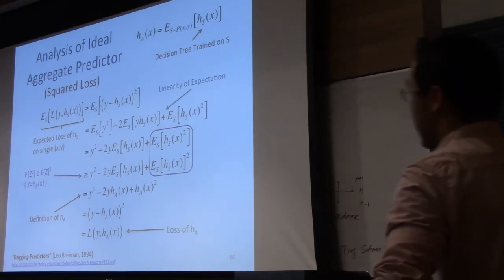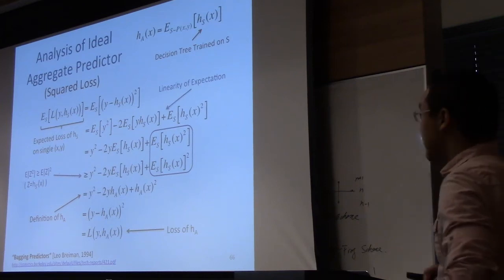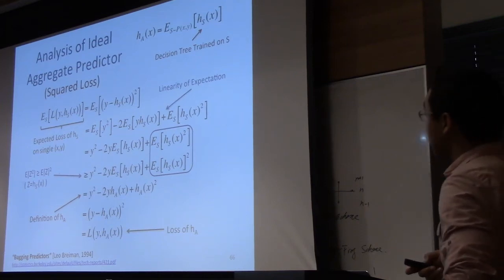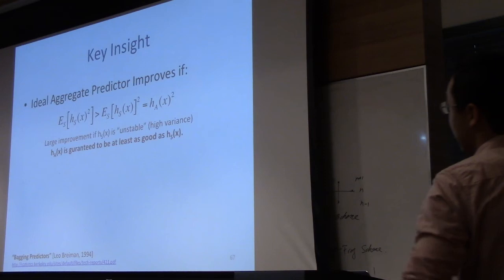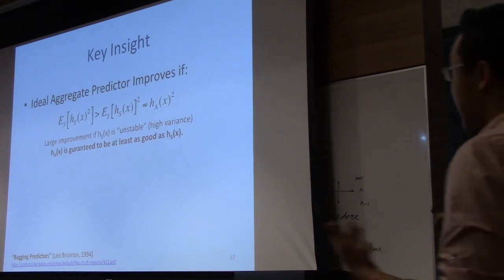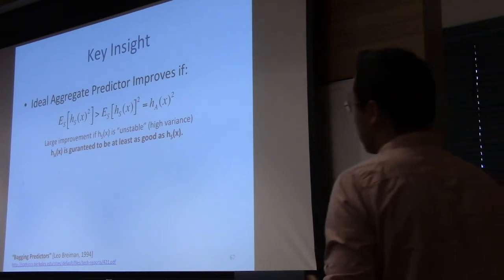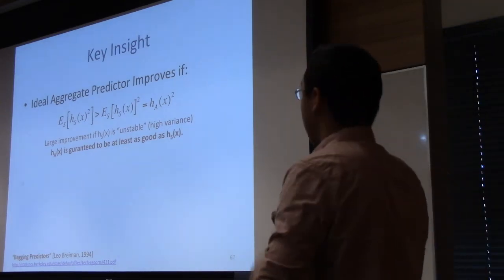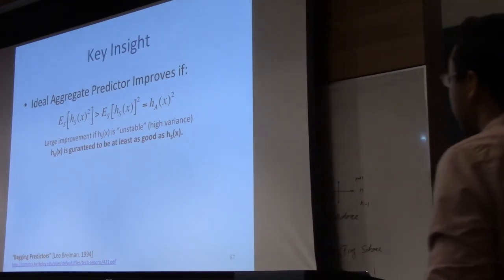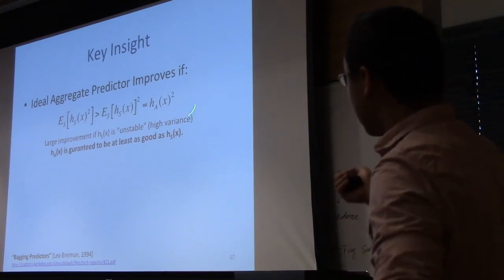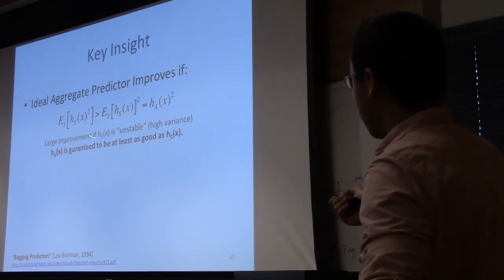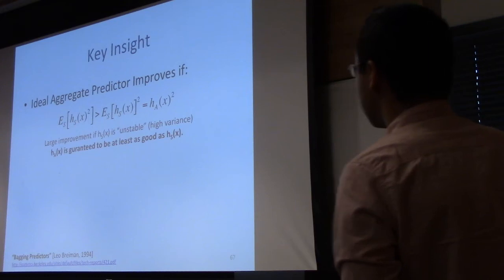The details of this derivation are not too important, I'll just leave it out there in case you're interested. The key insight is that the ideal aggregate predictor improves upon a single decision tree in expectation, if, not if and only if, this statement is true. And this is a large improvement if the model class is unstable.